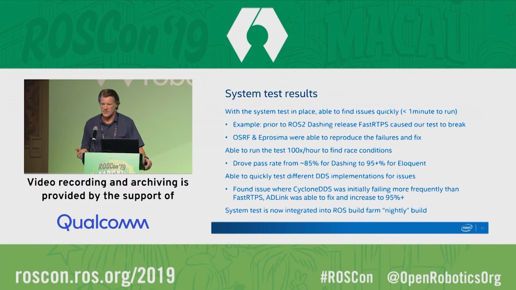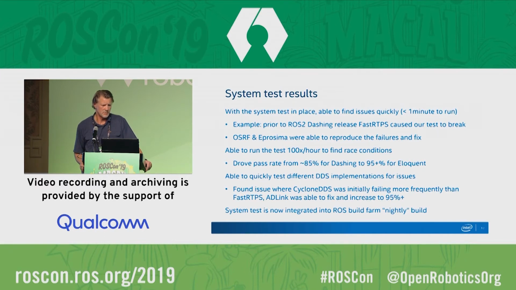As I mentioned, this has been very useful for us. It's allowed us to find a lot of issues, not just with navigation, but with the underlying ROS2 implementations. We can run the test hundreds or 1,000 times overnight, and so it's allowed us to find the things that only happen one time in 100 kind of level of issues.